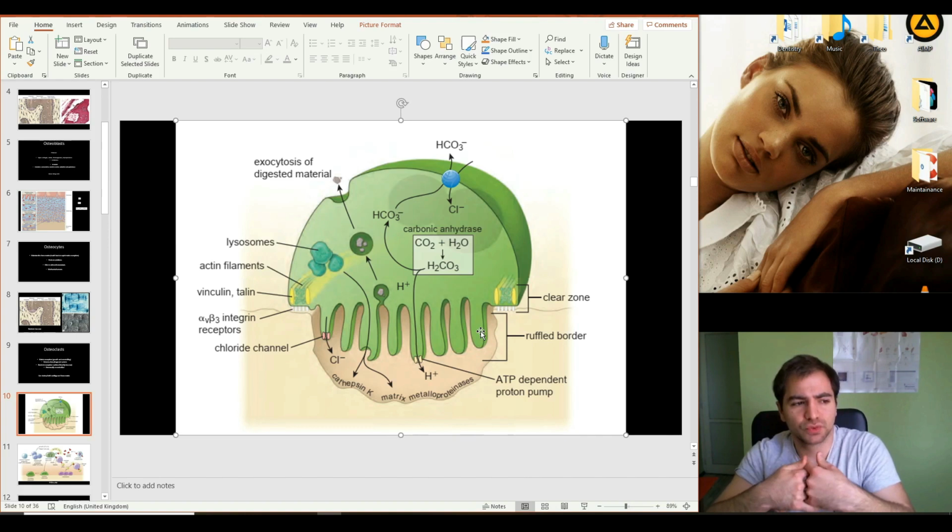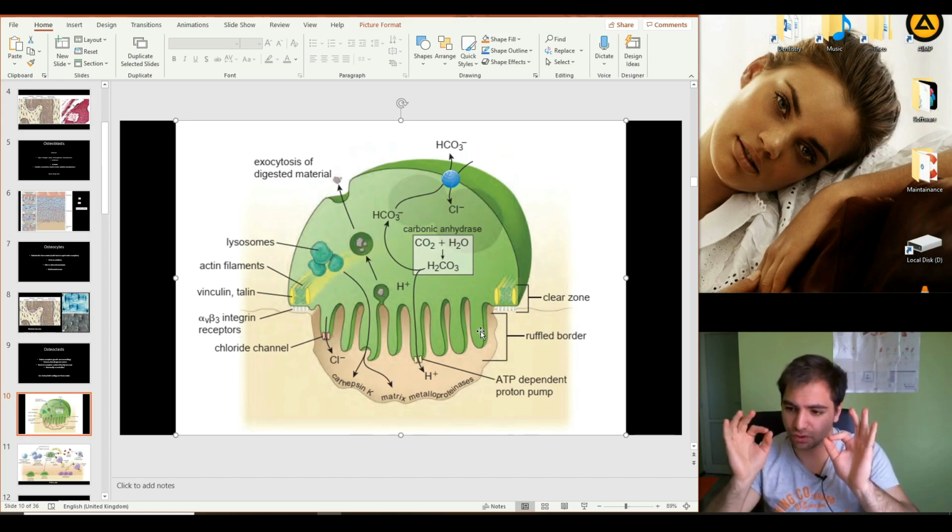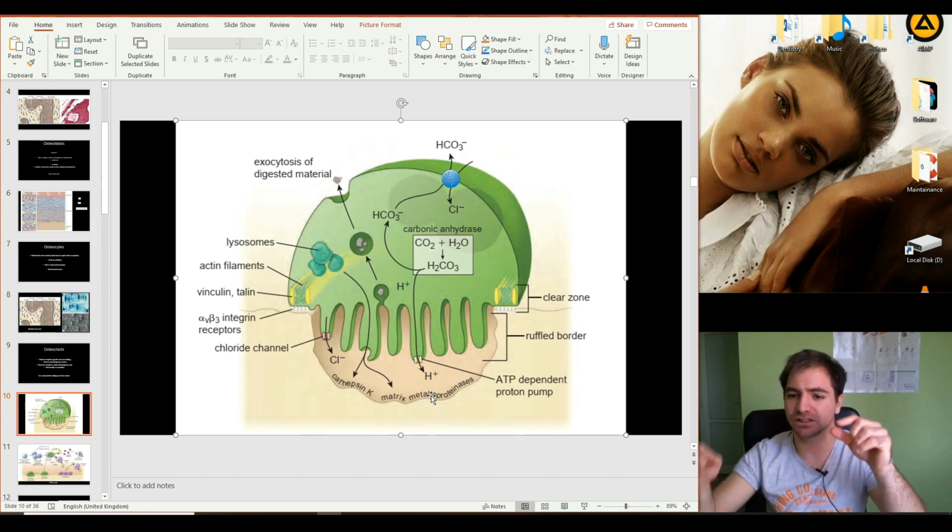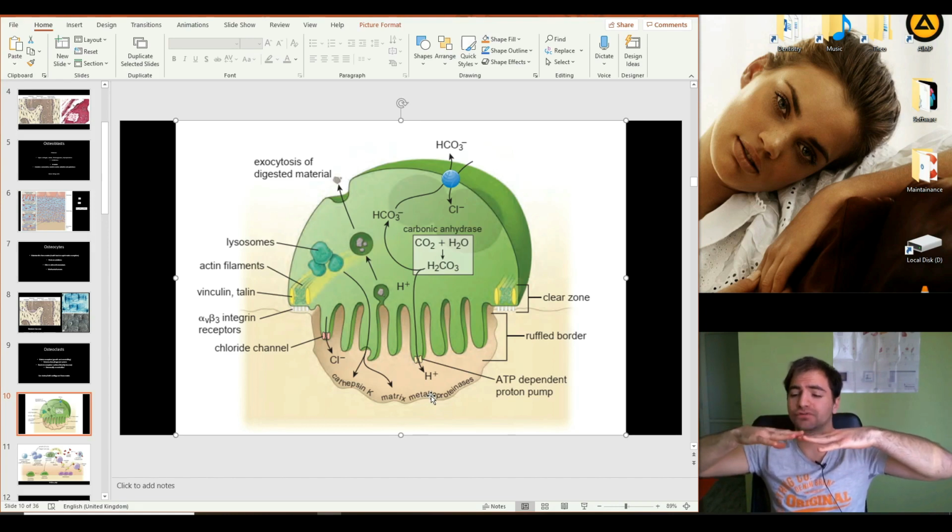So as we know, calcium and phosphate are both ions that are basic. Both calcium and phosphate, phosphate not so much, but calcium typically creates a very basic environment. So what this cell does is that it shoots and throws high concentrations of protons, of very potent acids, on this surface of the bone.